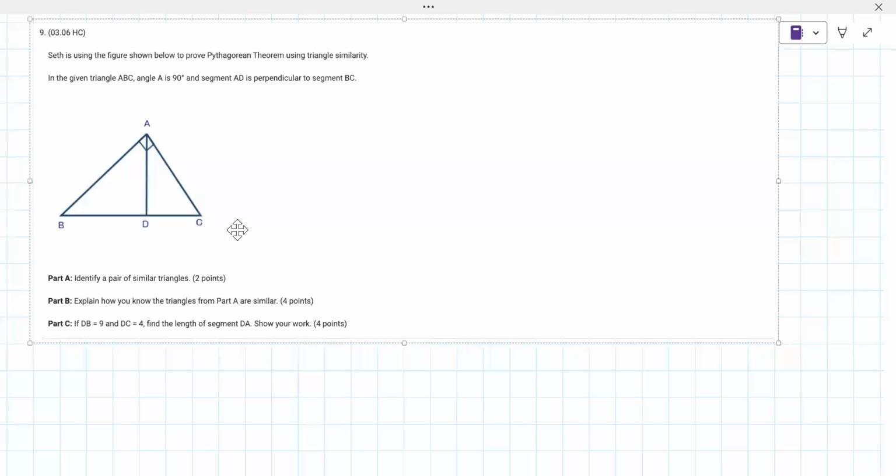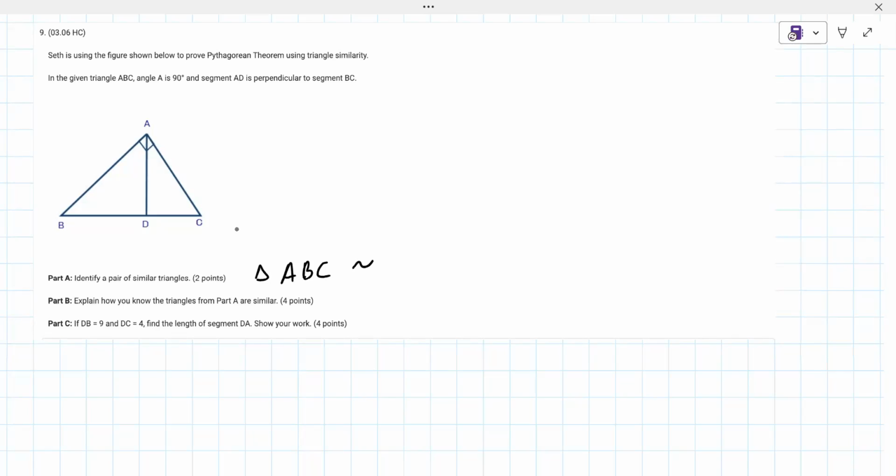So part A, there are similar triangles. It's triangle A, B, C. And then we'll just choose this little one here. So on the right, we'll choose triangle D, E, and then we get the letters right.